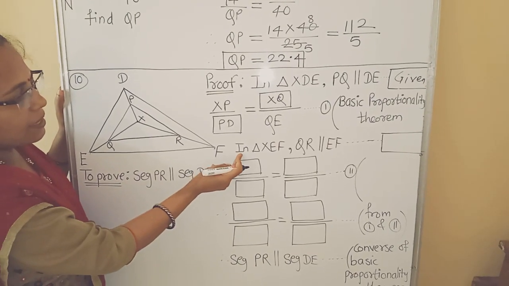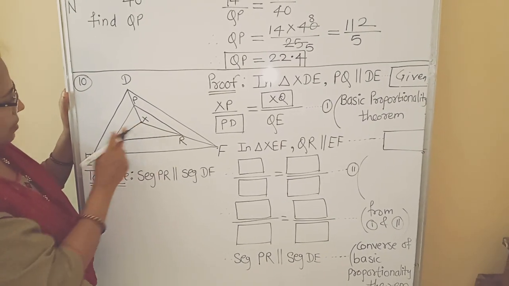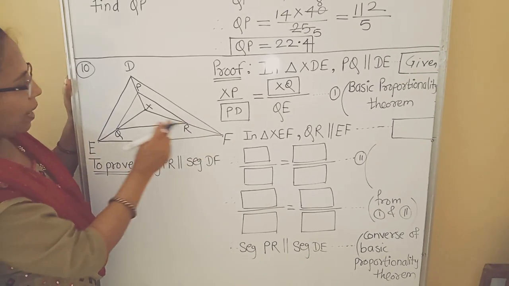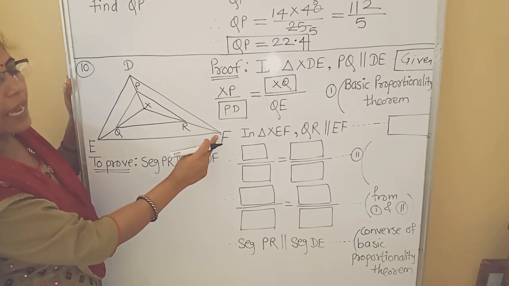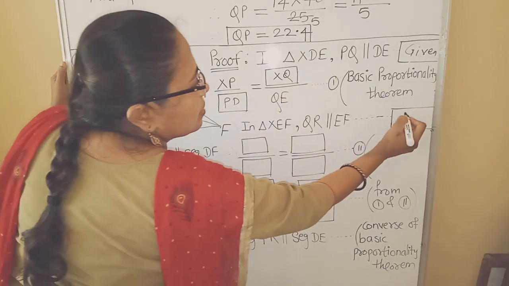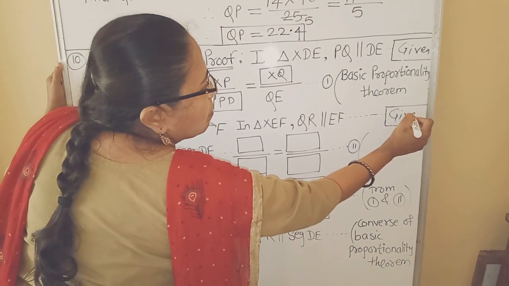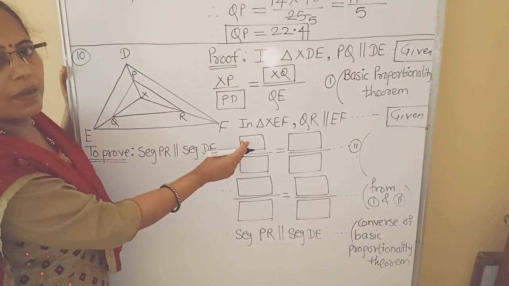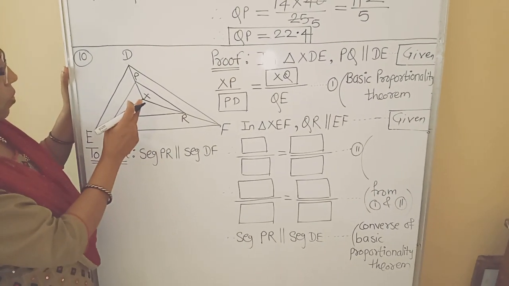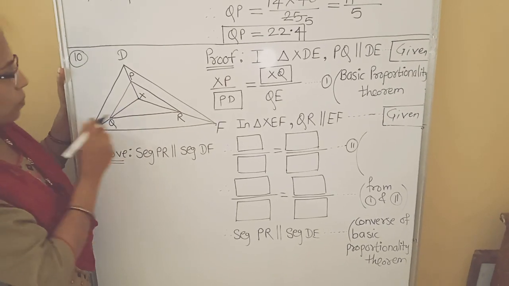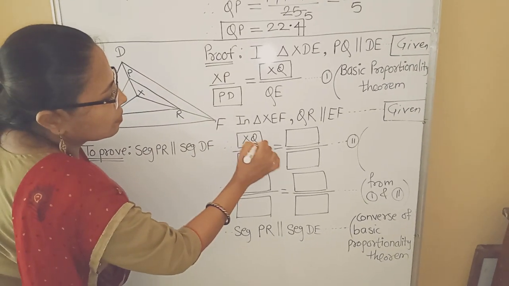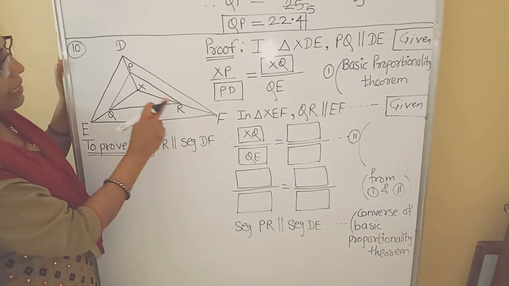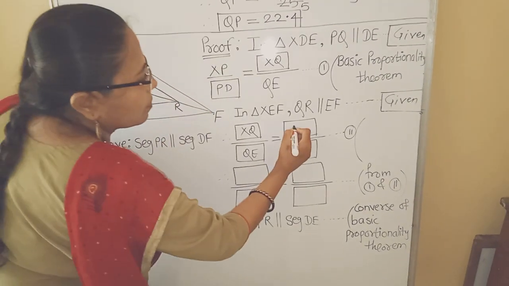Now second triangle. Triangle XEF. In this triangle, QR is parallel to EF. Again the reason is given. So here also we will apply basic proportionality theorem. Here we will get ratio XQ upon QE equal to XR upon RF.